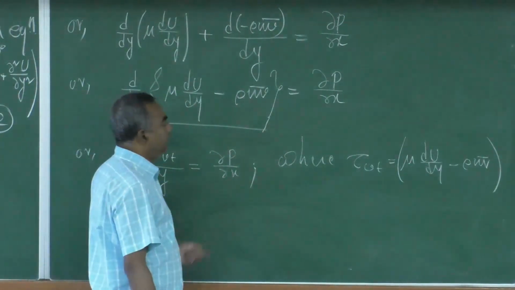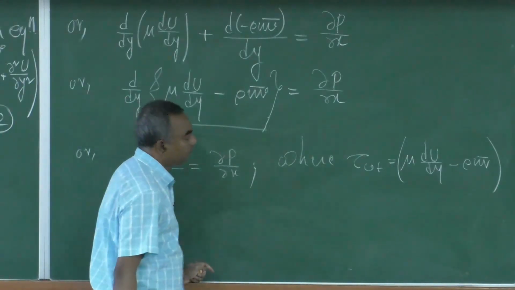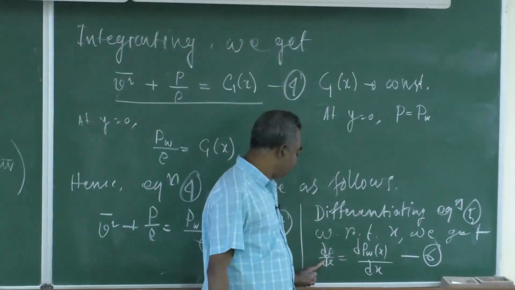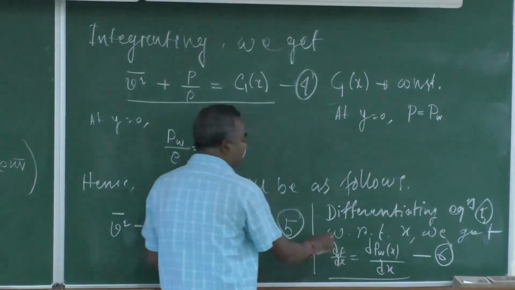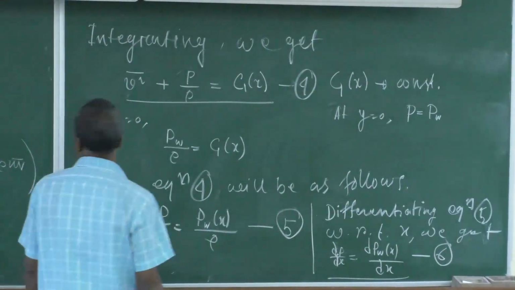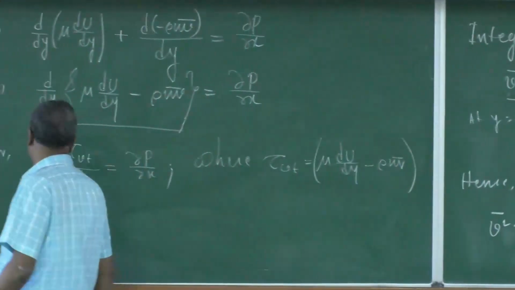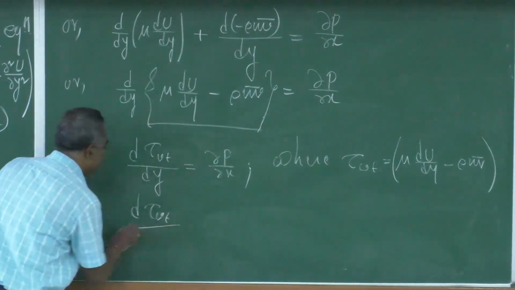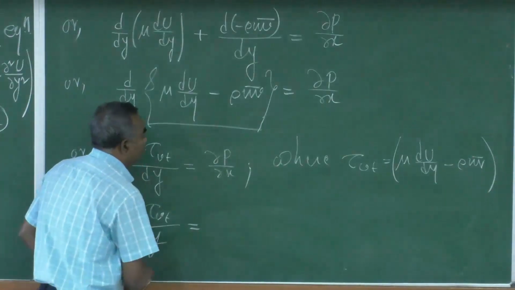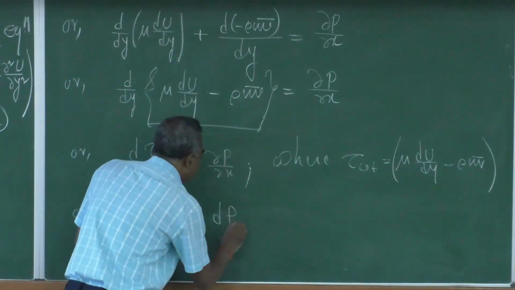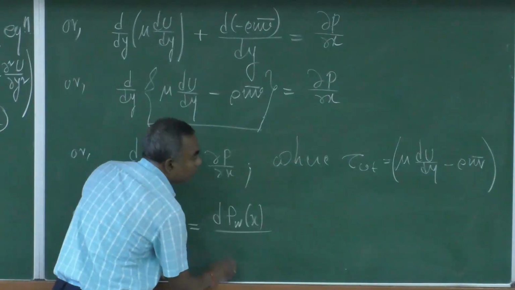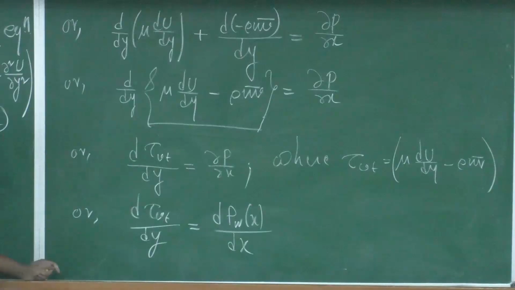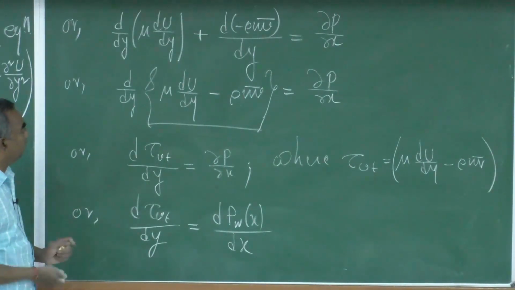Now, we have got ∂p/∂x is equal to this. So, from equation 6 we can put the value of ∂p/∂x in this particular equation. So, d tau_vt/dy is equal to ∂p/∂x, we got it as dPw/dx, which is a function of x. Very interesting thing.